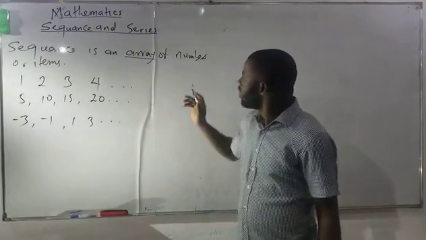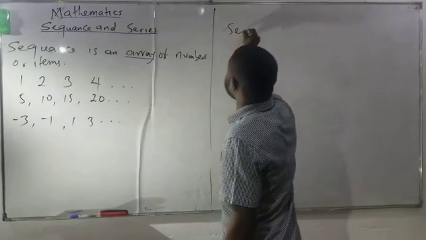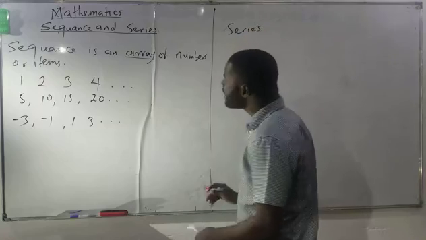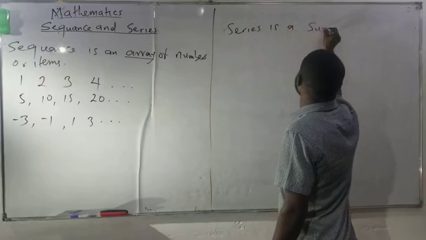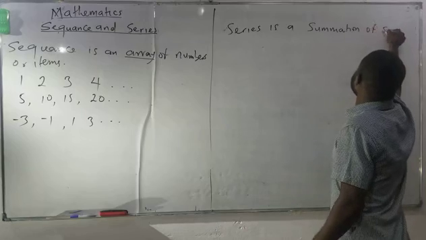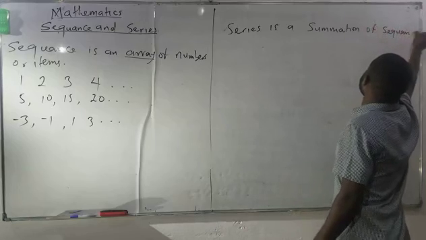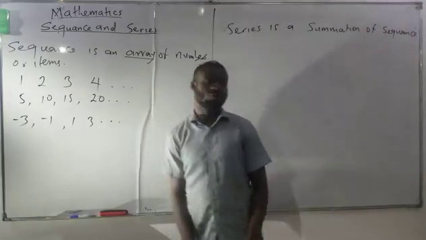Now, let me move on to what is called series. A series is a summation of a sequence. Don't forget that for this to be a series, it must have a pattern.